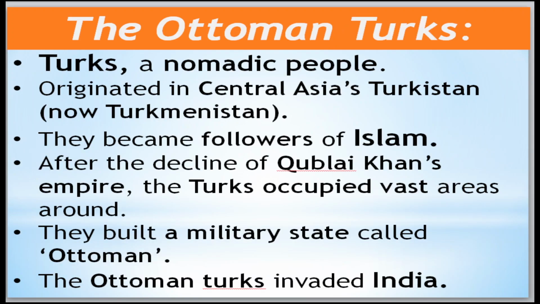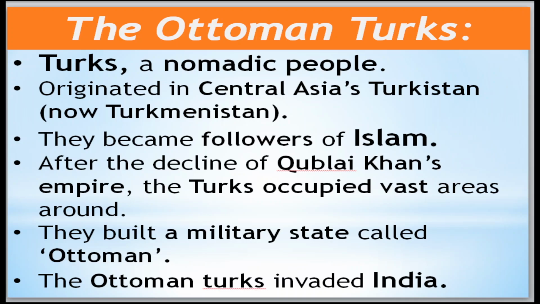Now come to the Ottoman Turks. Turks are nomadic people. Nomadic means they do not stay in one place. They travel from place to place in search of water and food for their cattle.